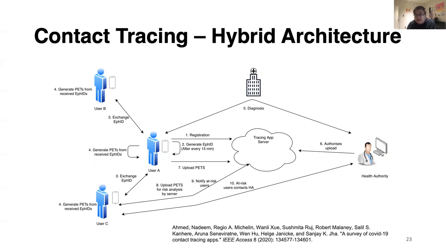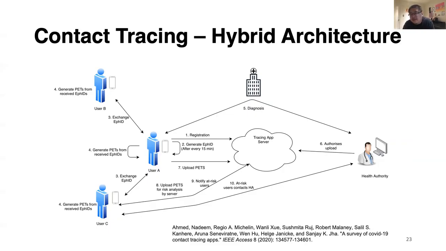There are three main reasons for performing the tracing process at the server. Number one, in the decentralized architecture, the server is unaware of the number of at-risk users as the devices make this risk analysis without taking the server into consideration. Thus, the server does not have any statistical information and is unable to run any data analytics to identify exposure clusters.